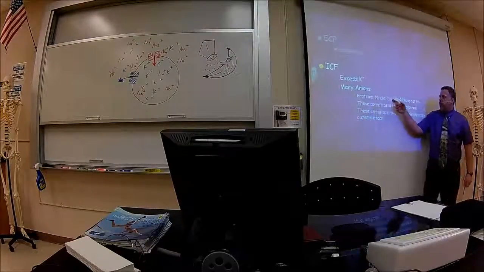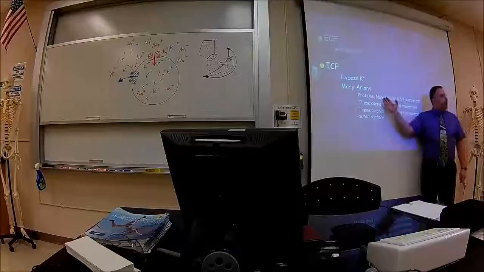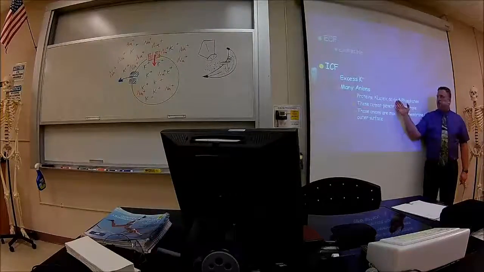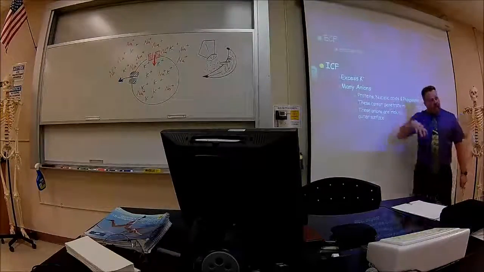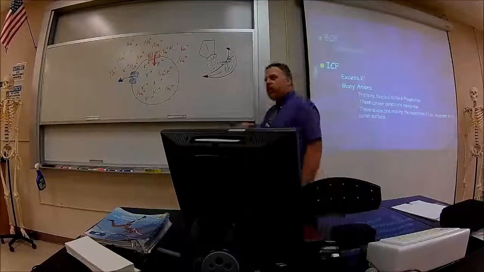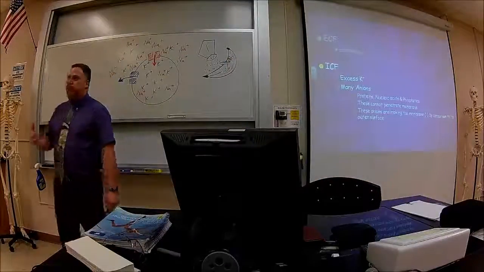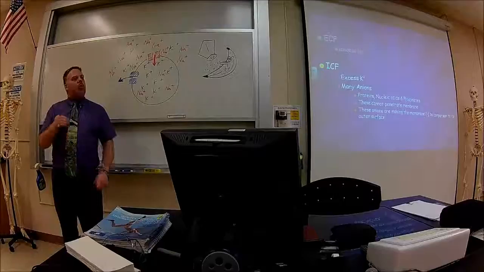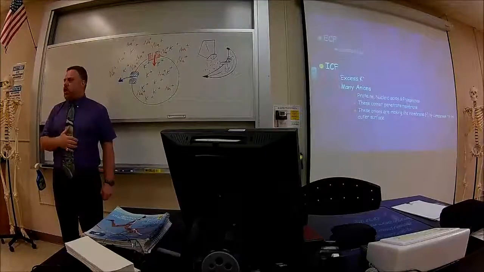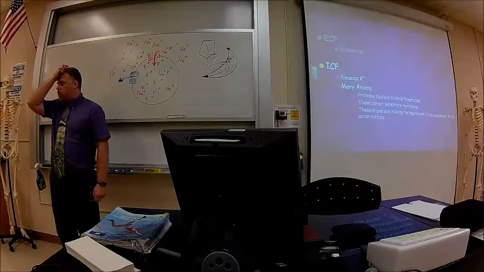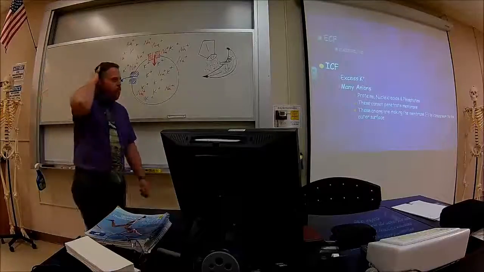Certain proteins, nucleic acid, phosphates, these are negative charges. And these stay in the cell. So because we have a lot of negative charges that stay in the cell, that's going to contribute to why inside the cell is more negative than outside the cell. They can't leave.